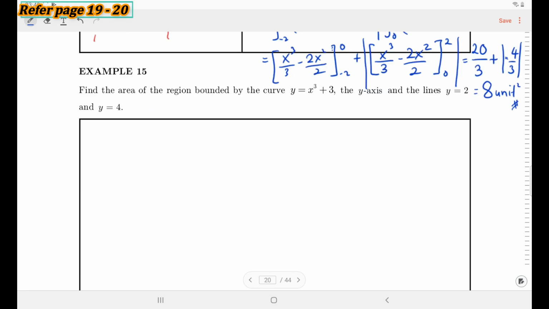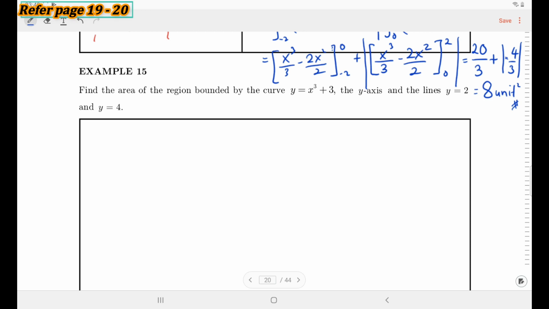Now we look at example 15. Find the area of the region bounded by the curve y equals x to the power of 3 plus 3, the y-axis, and the lines y equals 2 and y equals 4. So now we have a cubic function.